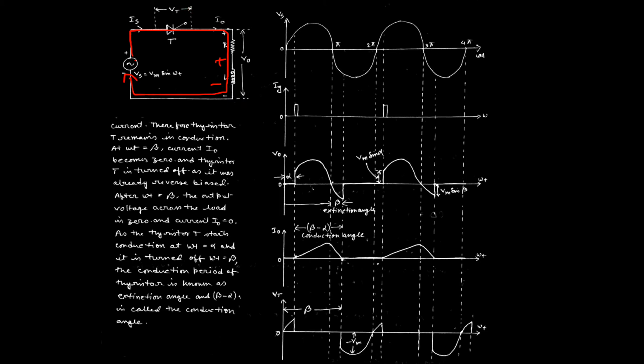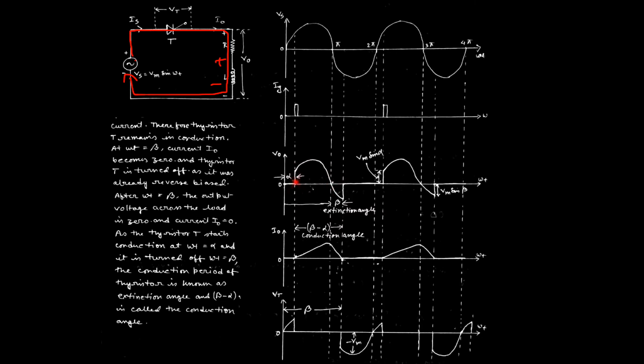When the supply voltage goes positive and reaches a particular value, additionally we apply the gate pulse across the gate with an angle alpha. Then when the thyristor is fired, the output voltage is reflected from the supply voltage in this way.